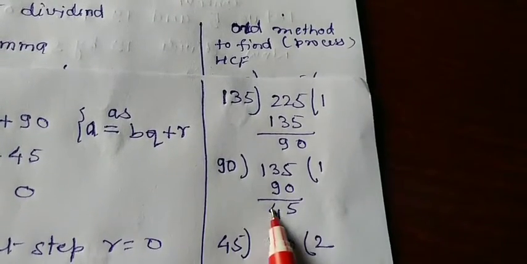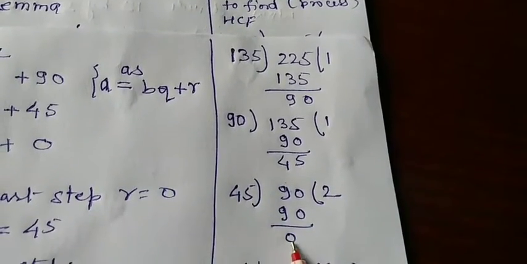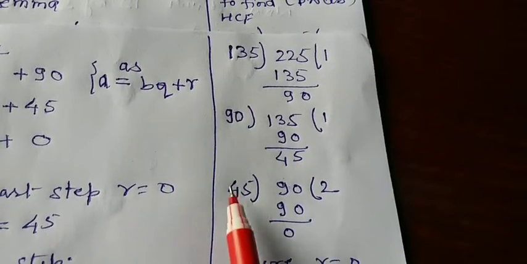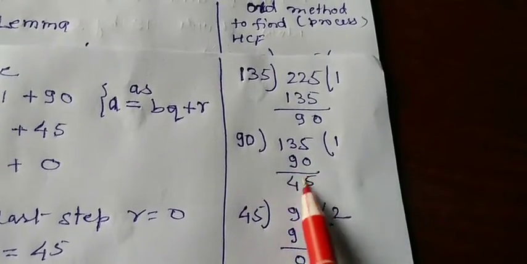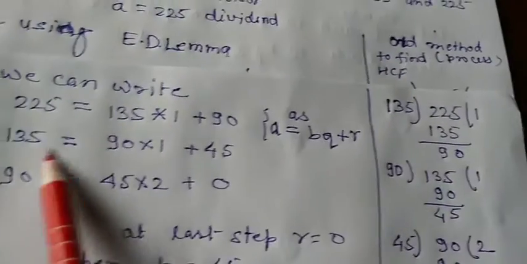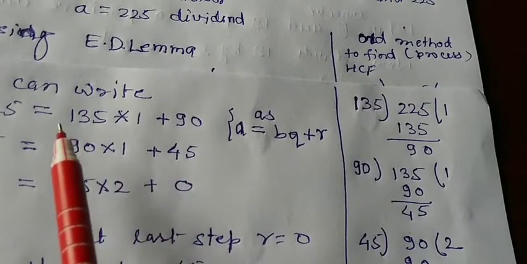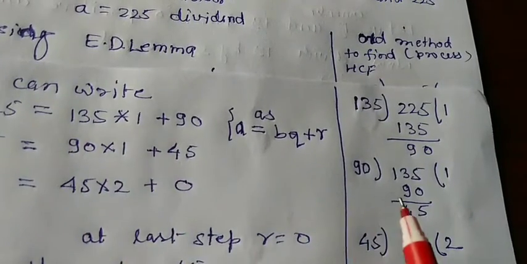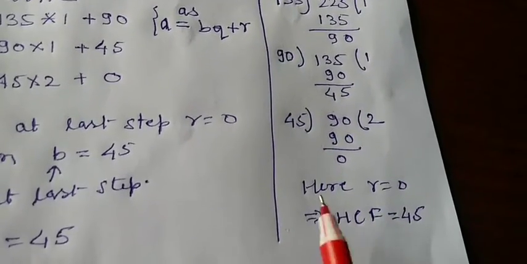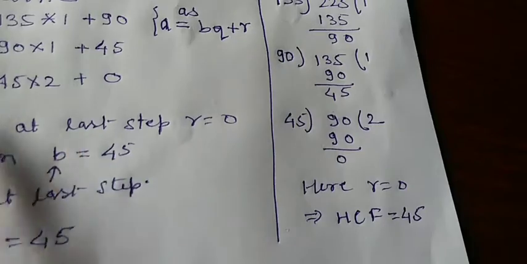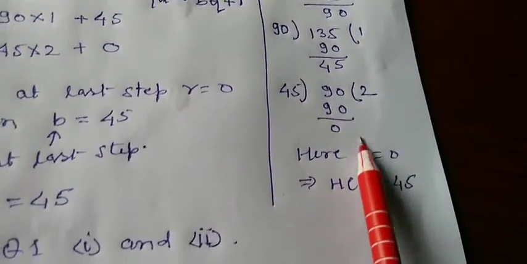Again you divide 90 by 45, the remainder is 0. If the remainder is 0, the HCF is 45. Both are the same thing, but here Euclid has written it in this way, and in the previous way we did it like this. Here we have to use Euclid's lemma and write it this way. Use the old method as rough work.